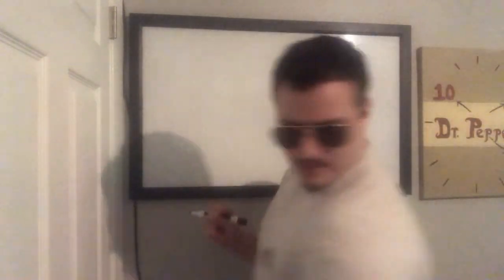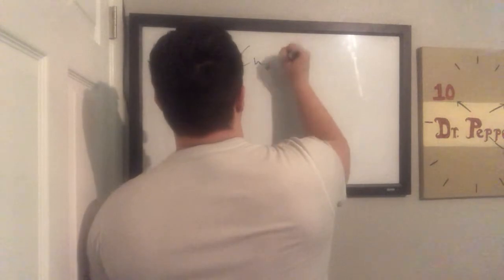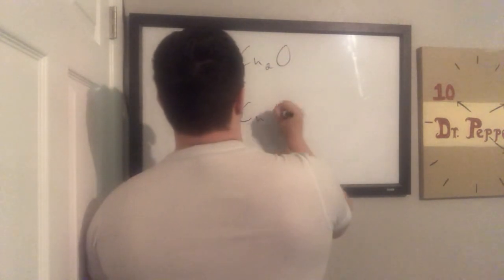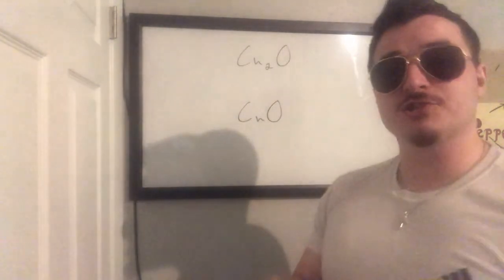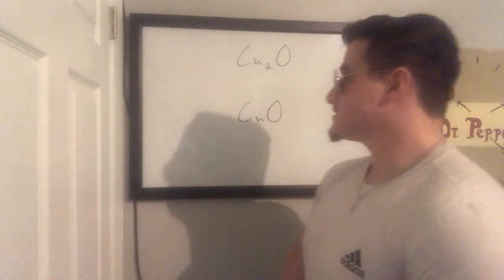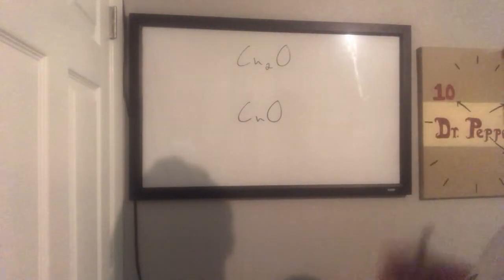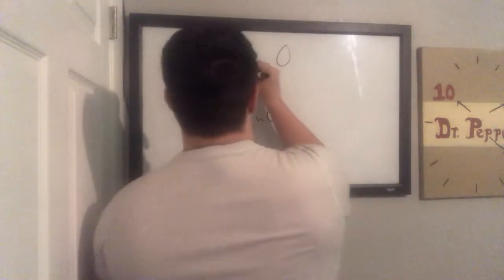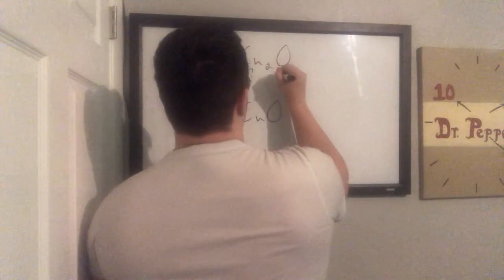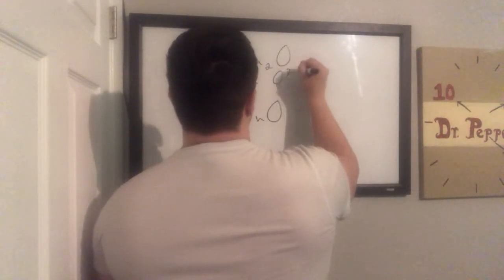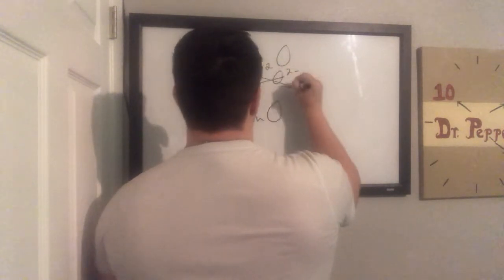So let's look at the last two examples with copper. All right, we have Cu2O and CuO. Copper has two different oxidation states, so let's figure out which one is which. Well, when they crisscross, oxygen always has a charge of 2.